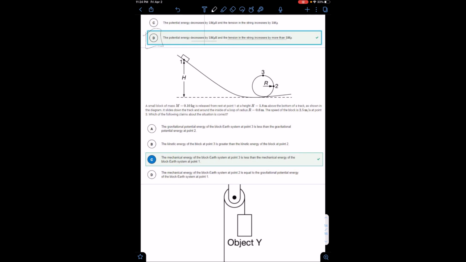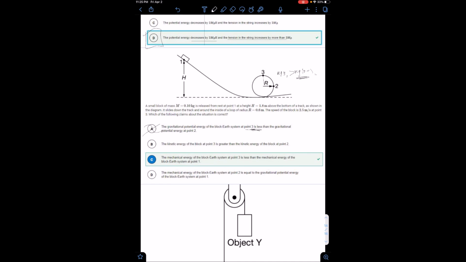Well, we can compare it, but it doesn't make sense since we have a greater y, right? So if mgy, and we subtract the radius, mg(y minus r), that means that this will obviously be smaller for point 2, and this is point 3, so point 3 is greater than point 2, and so this makes the statement false.